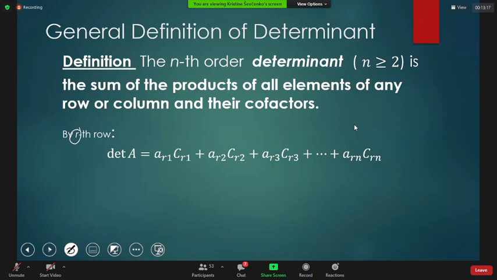We are multiplying each of the elements by its own cofactor, that is the minor, using the extra sign, minus sometimes, when necessary. The second element in the same row is multiplied by its cofactor. The third element in the same row is multiplied by its cofactor, and so on until we reach the end of the row.